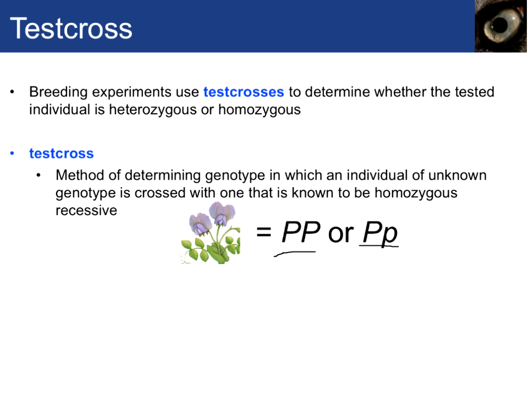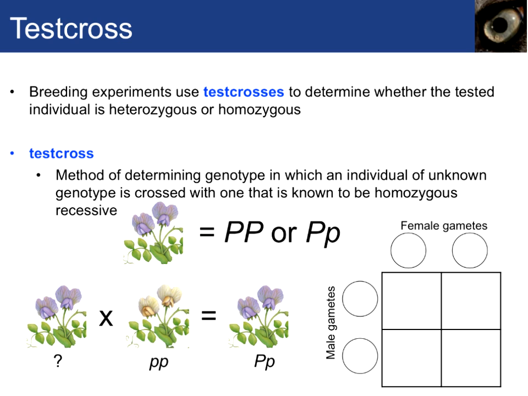So in order to find out, you can do a test cross. In the example of a pea plant with purple flowers, again, the plant can be either one. If you cross the unknown purple-flowered plant with a plant that has white flowers, remember, if it has white flowers, you know what it is because it can only be homozygous recessive.